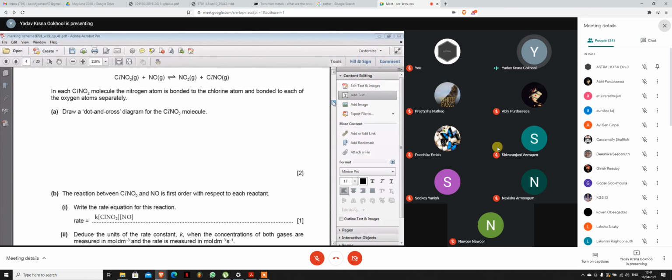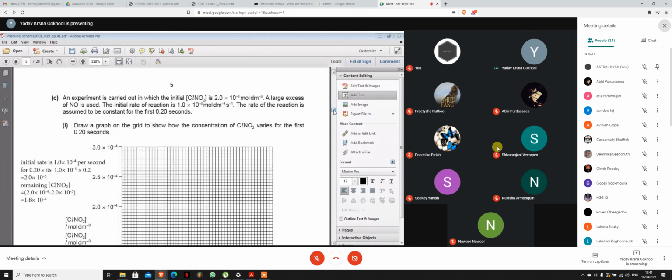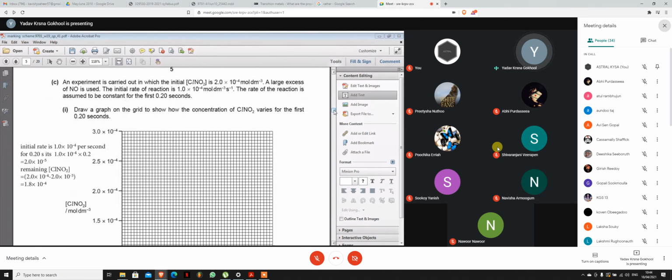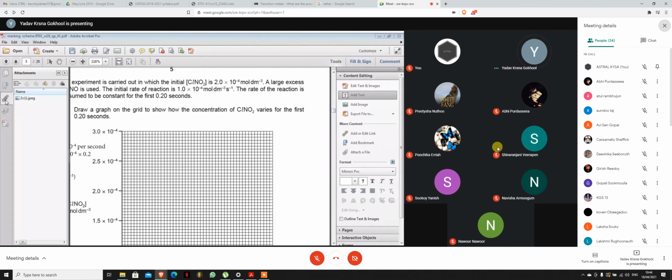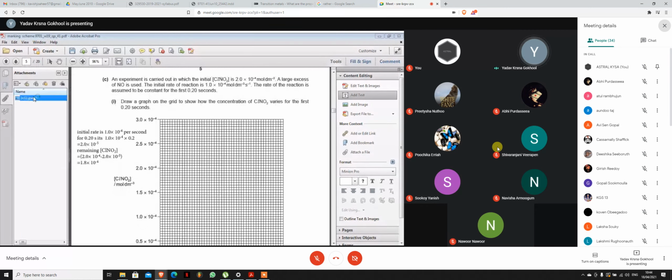I repeat again, if the order of the reaction with respect to the reactants is the same as the number of moles in the equation which is given, then you can say that it is a one-step reaction. Part C, you have a graph. I hope that the graph is the same as what I am trying to show over here.